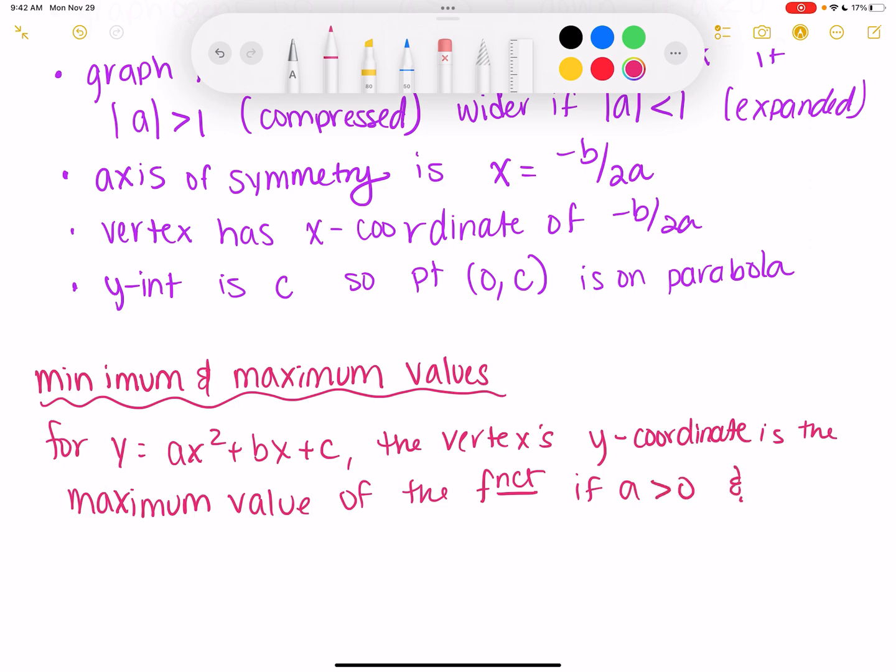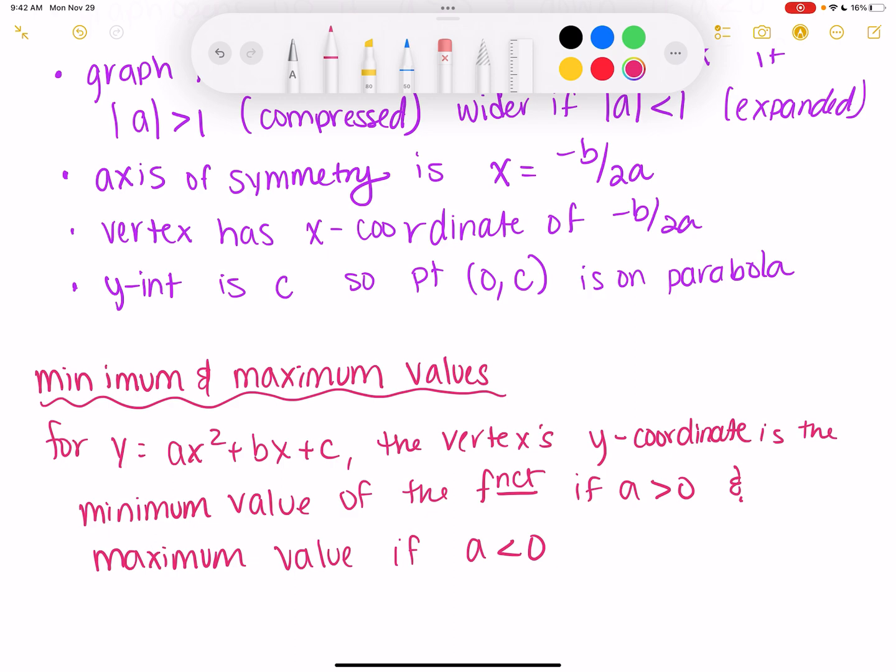Sorry, this is supposed to say minimum. Okay, so it's a minimum if a is greater than 0, and it's a maximum value if a is less than 0.